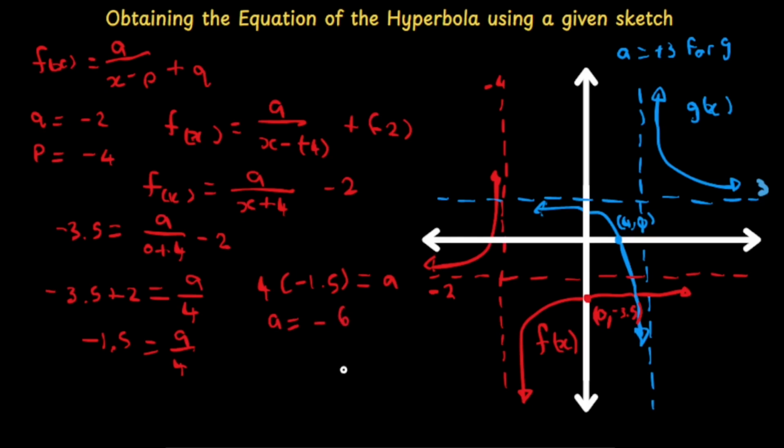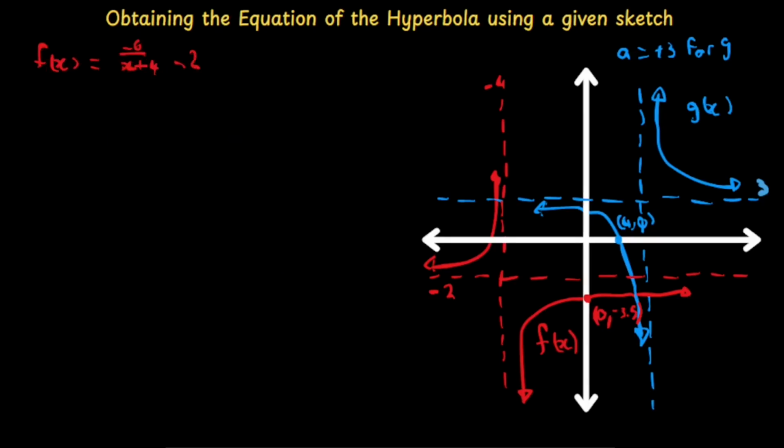I can then substitute a into my formula, and I should obtain an equation for the function of x. So let's do that together. f of x is equal to -6 over x plus 4 minus 2. And that is the formula for the graph of f.